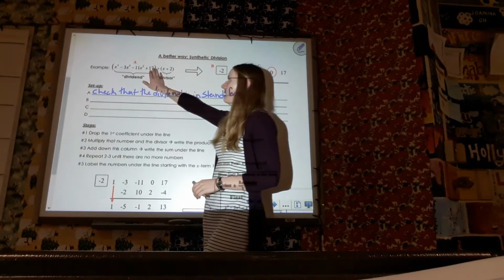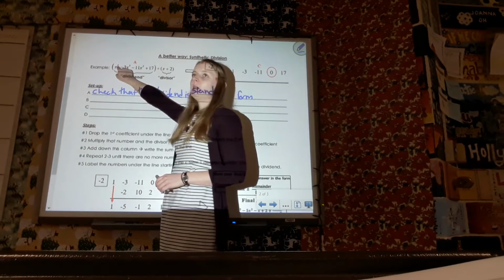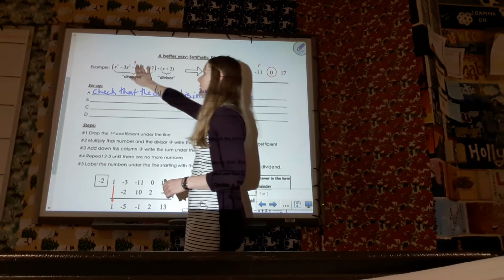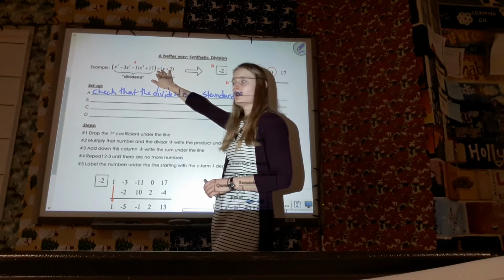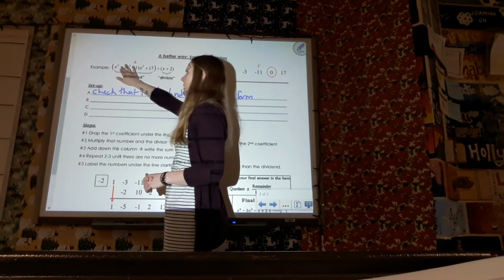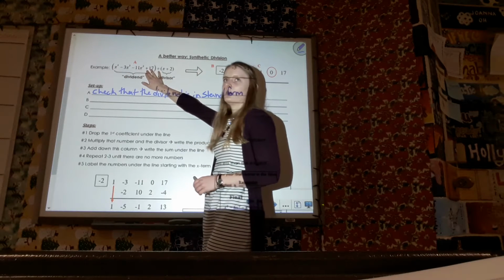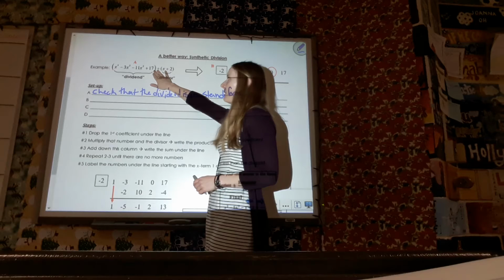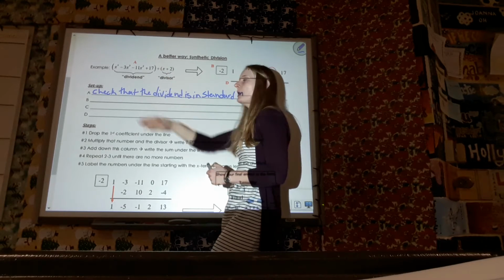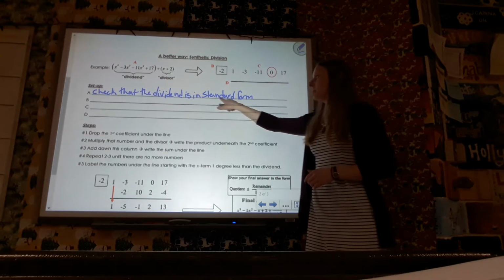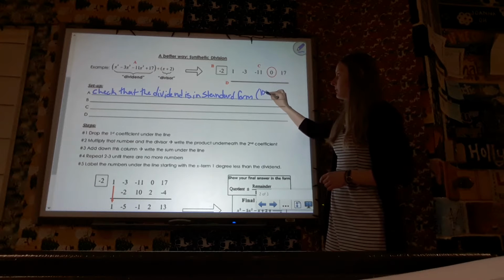So in this one, the highest exponent was the 4, so that was first, and then it should go 3, 2, 1, nothing. So I see that I have x to the 4, x to the 3, x to the 2. Do I have x to the 1 here? No. But do I have a number without a variable? Yes. So in addition to checking that the dividend is in standard form, you want to look for missing terms.